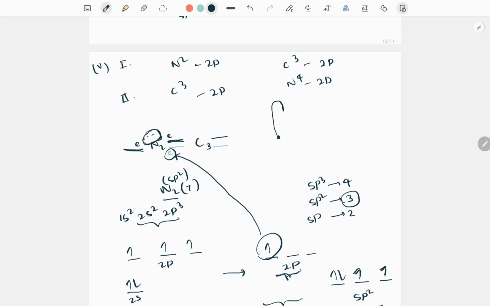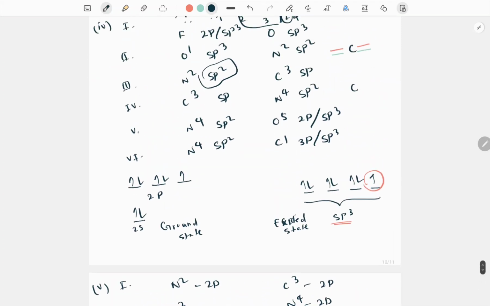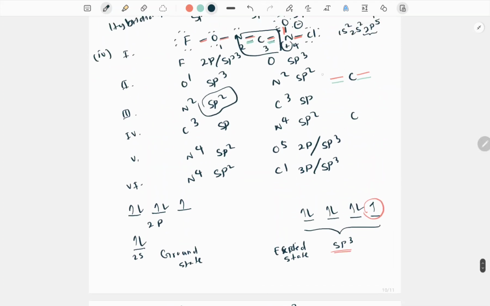Therefore, the electrons involved in this pi bond remain in this 2p. Right? Now this is what we are considering.